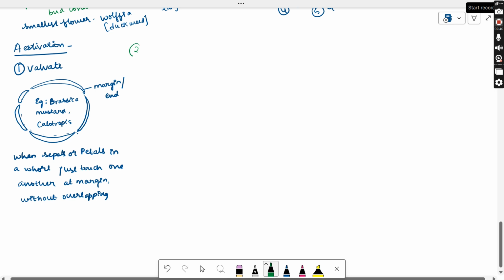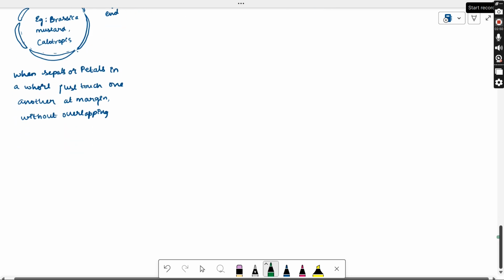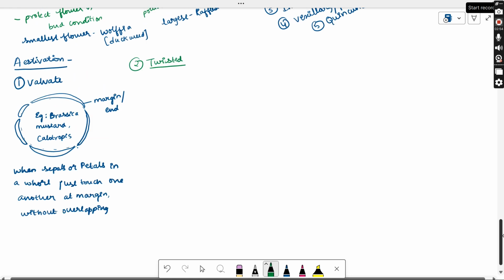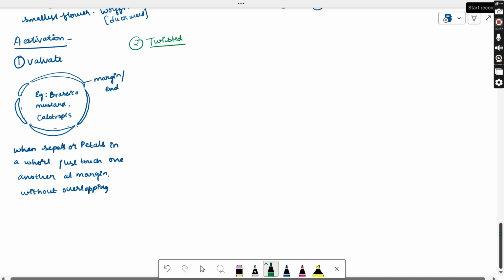The second type is the twisted type. In this twisted type of aestivation, also called contorted or convoluted, one margin of the petal overlaps the next one, and that goes on.